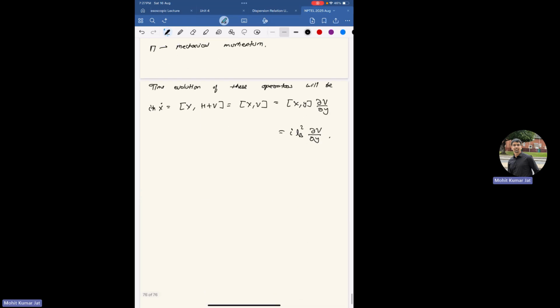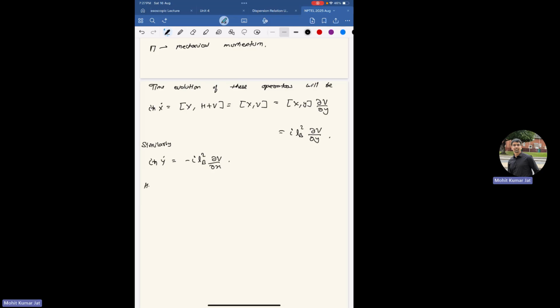Similarly, i h bar y dot will be minus i lb square del v by del x. Here we have used the fact that in absence of the potential, x and h commute, y and h commute.